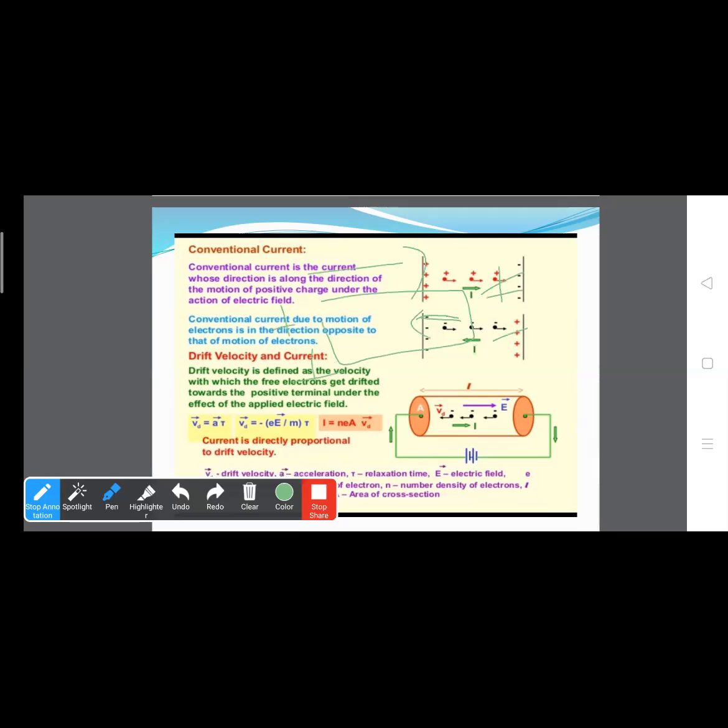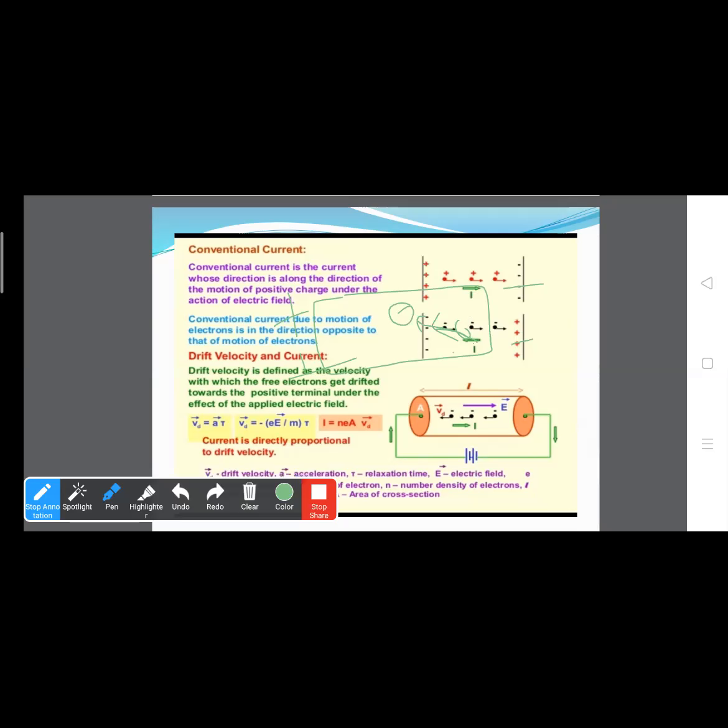Okay? On their way, the accelerated free electrons suffer frequent collisions. That means they collide with other electrons. This electron is moving in this direction, and this electron collides with it. Clear? And they gain kinetic energy.